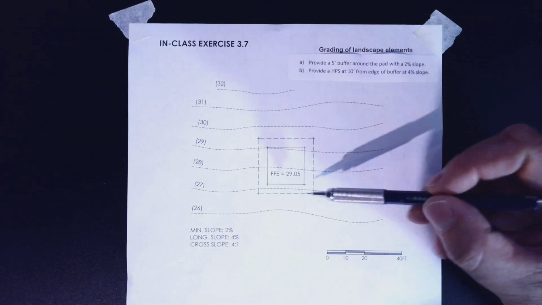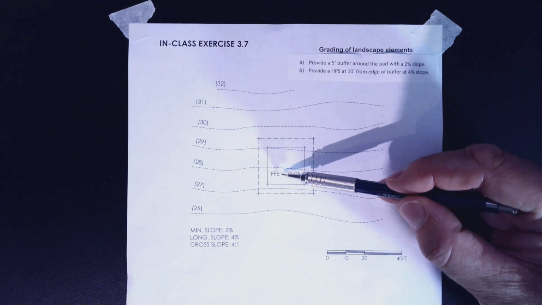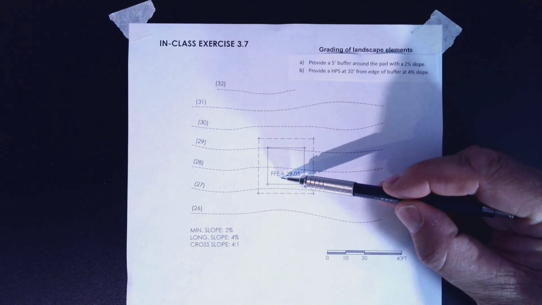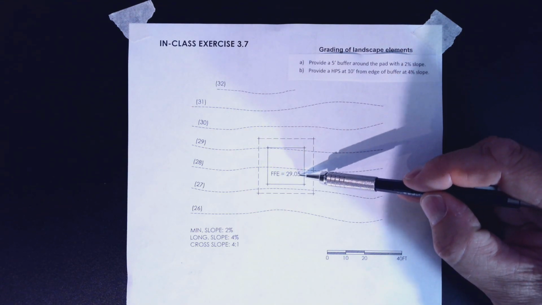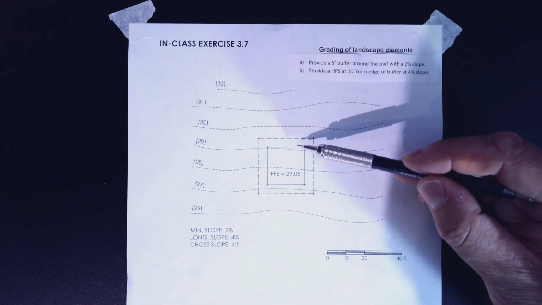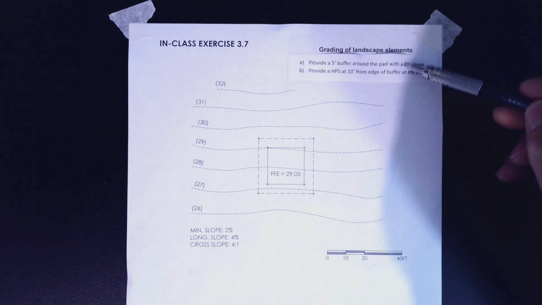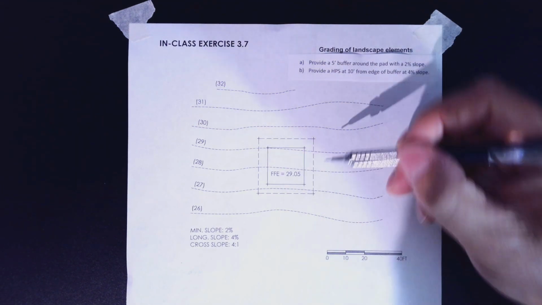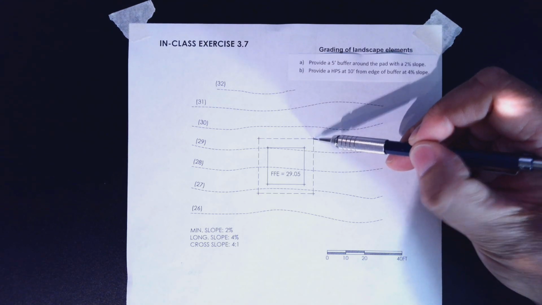So let's get started. First thing we know, all these corners, FFE stands for finished floor elevation. The finished floor of this pad is 29.05. So if we're going to go away for 5 feet at a 2% slope, what do we know? We don't know what the elevation is, so we don't know what the vertical distance is, right?